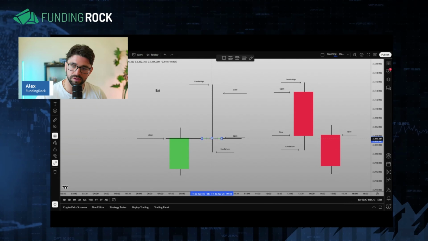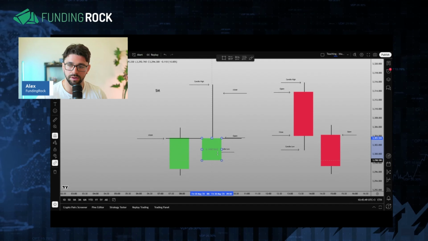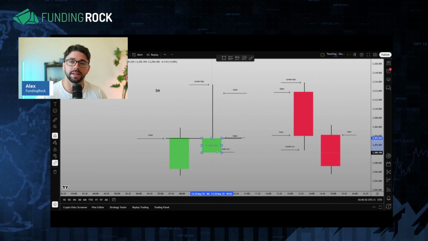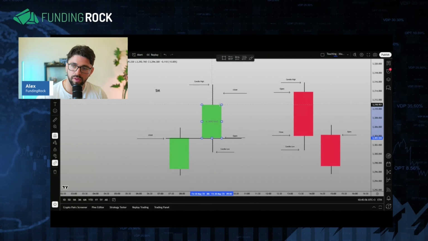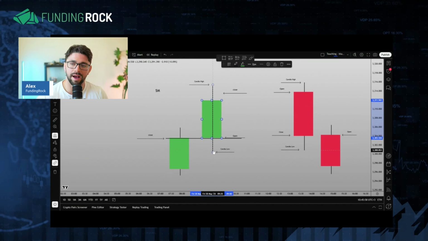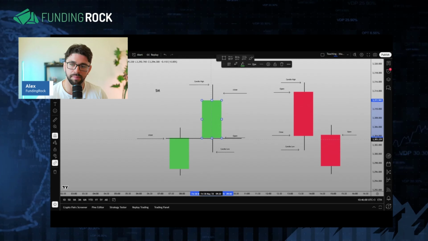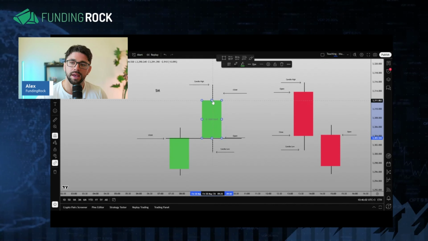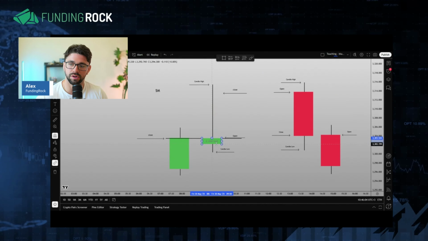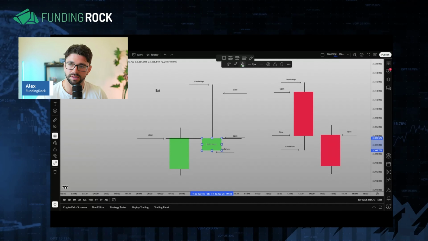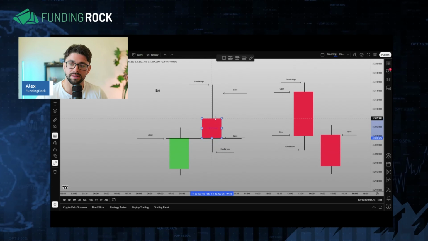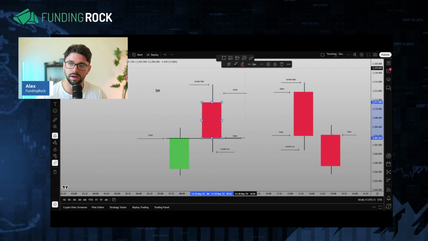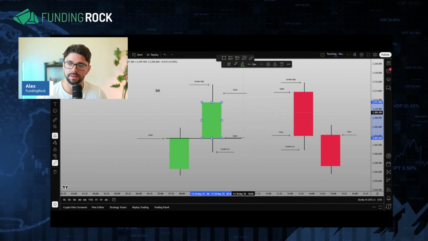So what this candle has done, it's now opened. It's come down. It's found support. And now it started to push up. That's why you're going to see that you have a wick here, because the opening of the body candle is here. Let's say, for instance, it was coming down after the open, it would go red. And then when it starts to go back up, it will go back to green.